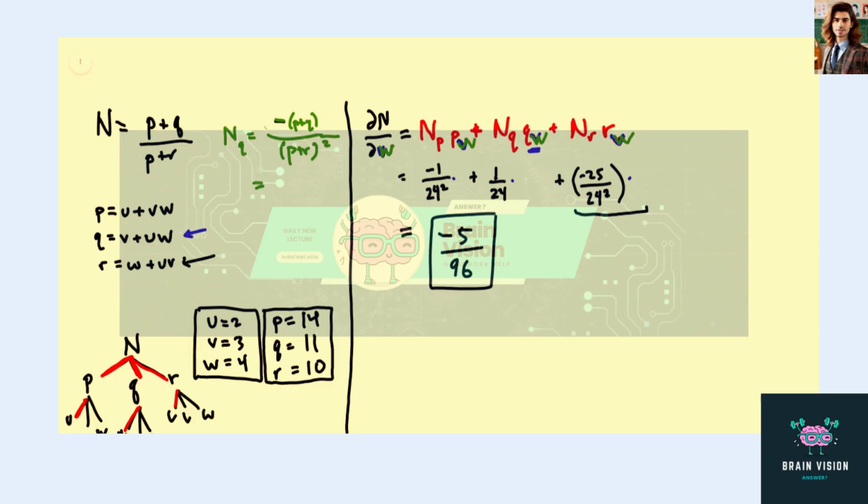So partial of p by w is going to be v, looking here, and v is 3. Partial of q with respect to w is going to be u, and u is 2. And partial of r with respect to w is just 1.